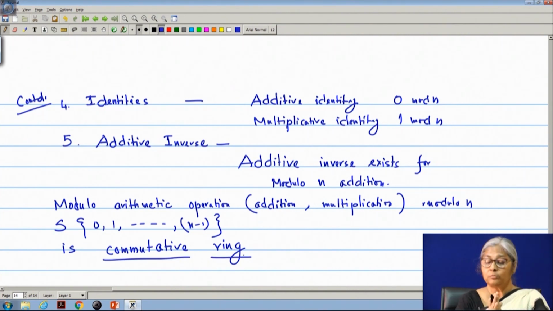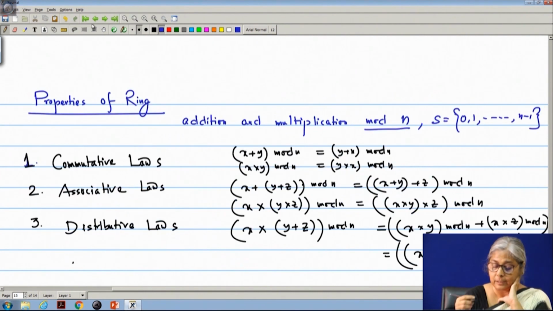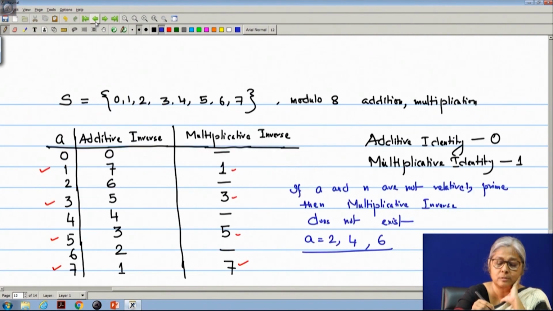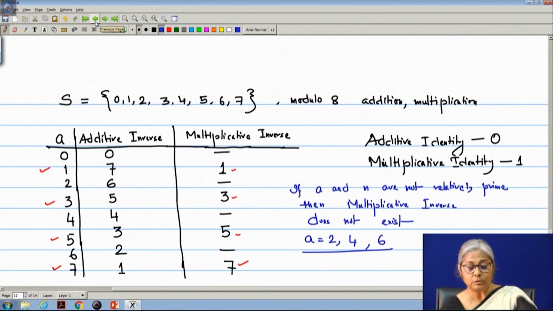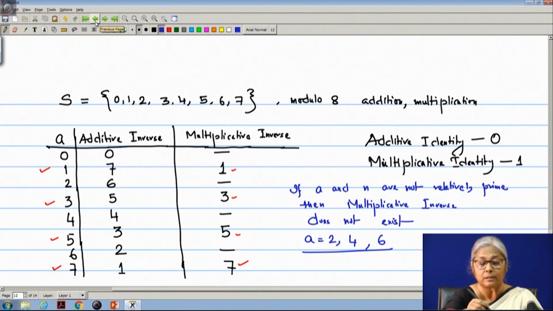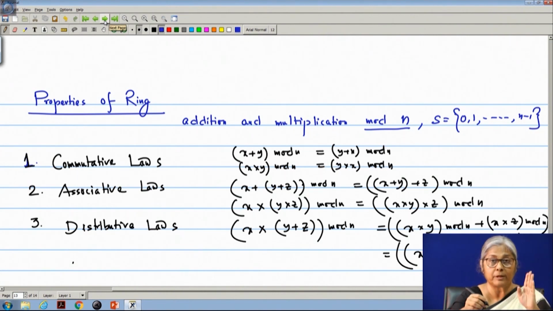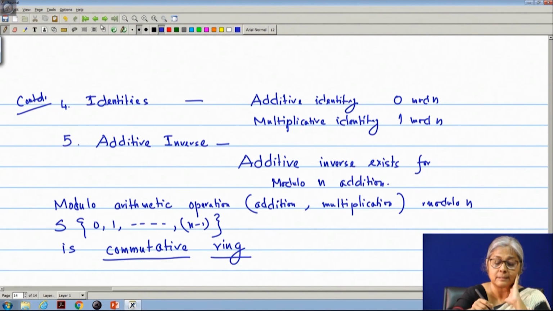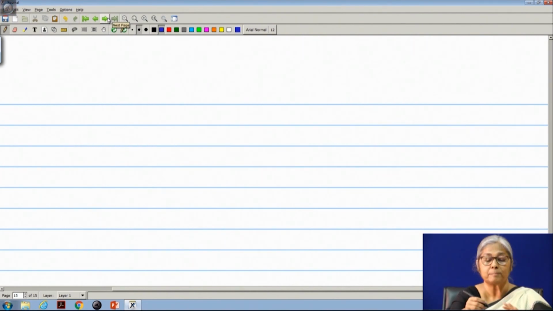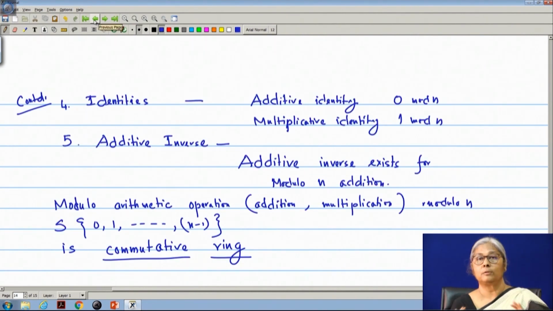But what we have seen is that the multiplicative inverse we cannot claim for all the elements, only for those elements which are relatively prime to n. If they have a common factor between a and n, then no multiplicative inverse exists. When we consider this particular property, it becomes a new algebraic system called the field.